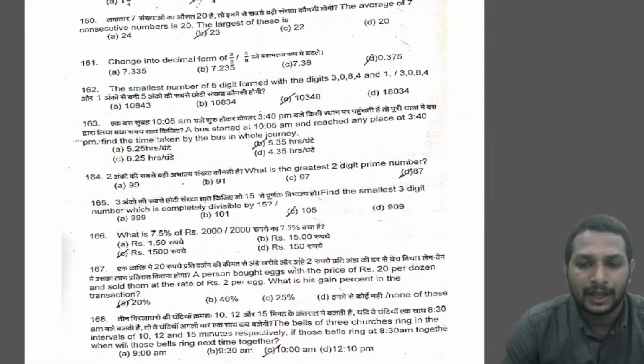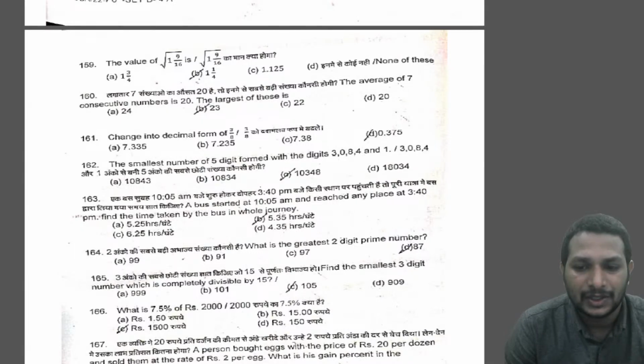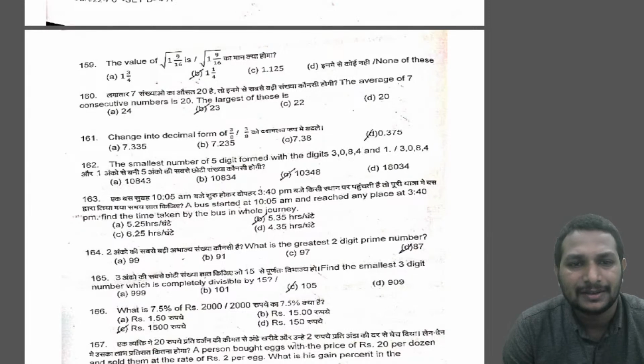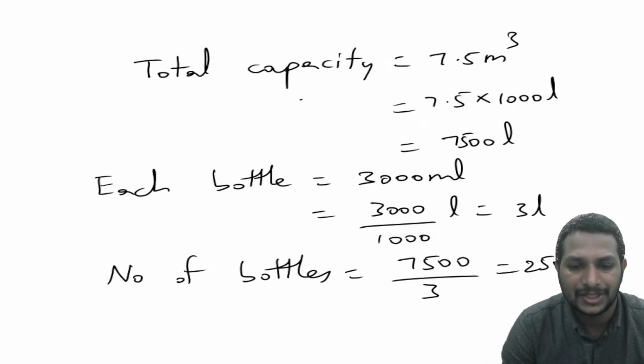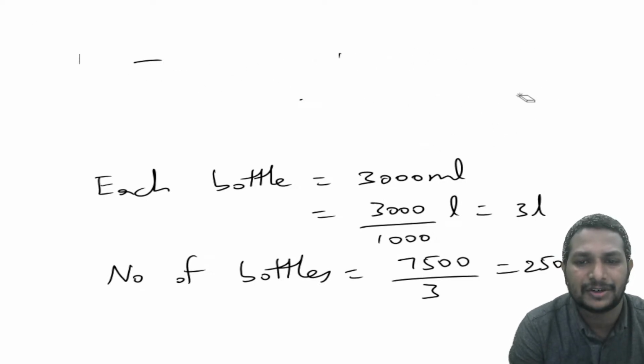159. Look at this question carefully, based on simplification. It is the square root of 1 9 by 16, a mixed fraction, right?